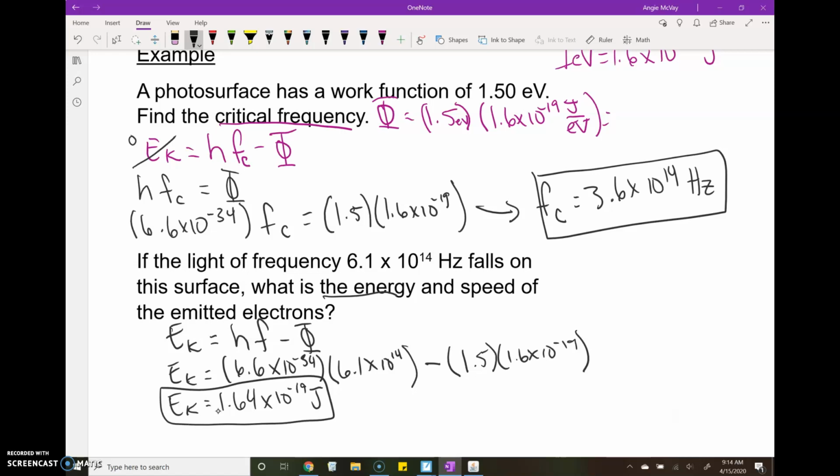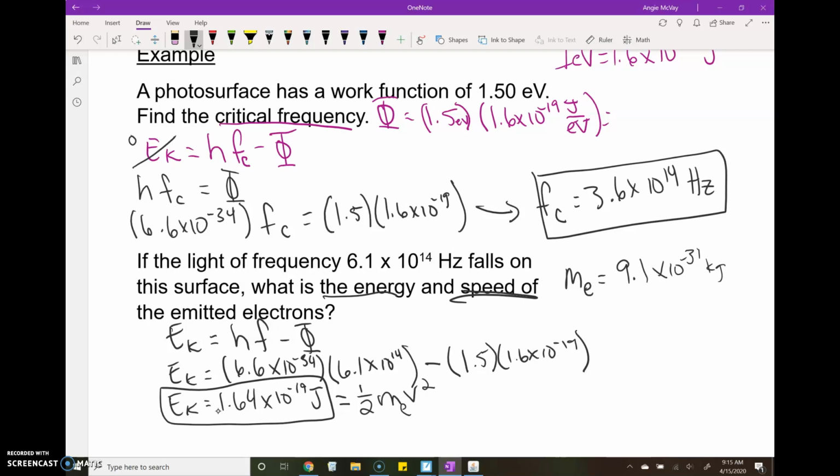And what is the speed of the emitted electrons? Now we can take this kinetic energy and set it equal to 1/2 mv squared, where the mass of an electron is, what is it, 9.1, I think, times 10 to the minus 31 kilograms.